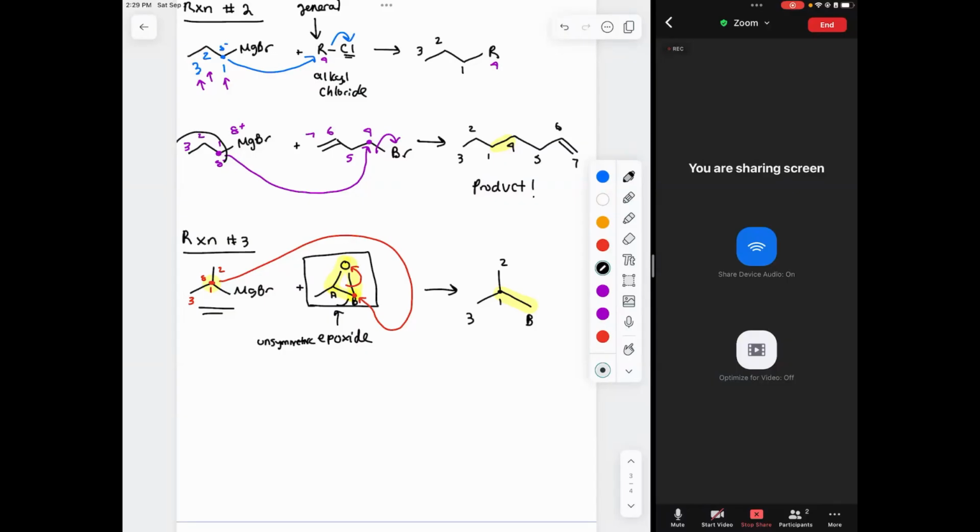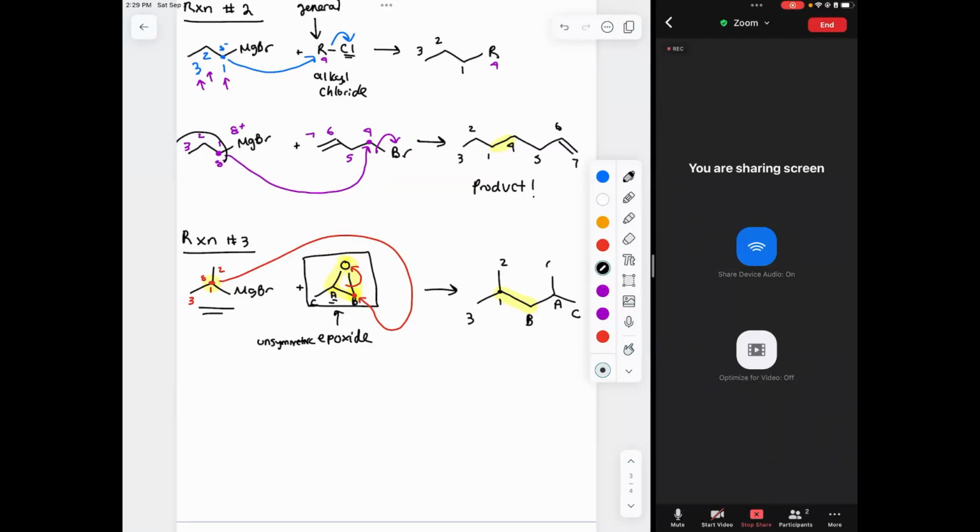B is attached to A, right? And then A is attached to, we can call this C, this carbon right here. C, right? And then remember, the B-O bond here broke, but the A-O bond didn't break.